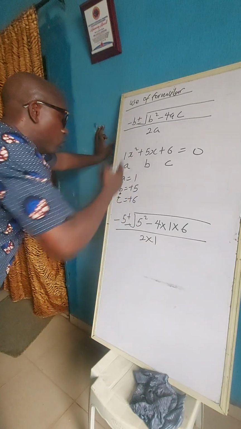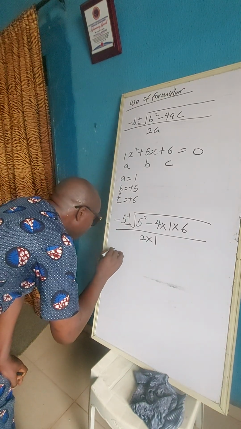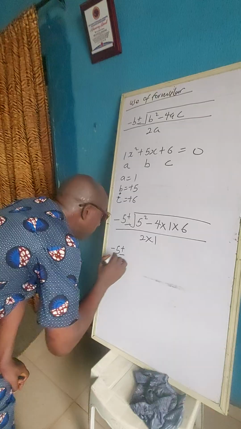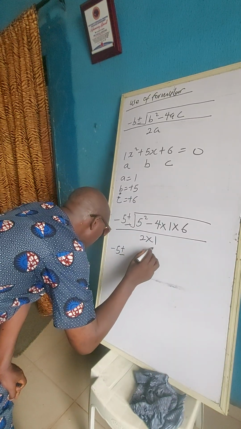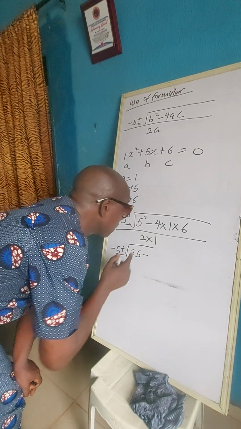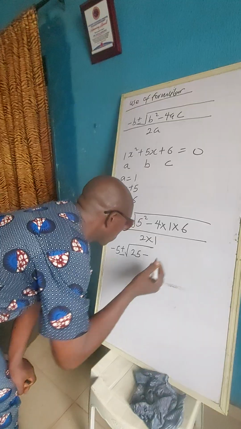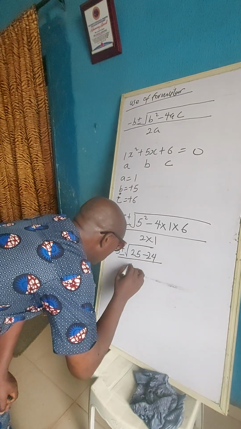Your a is 1. So how will you do this? Minus 5 plus or minus square root of 5 squared, which is 25, minus 4 times 1 times 6, which is 24, all over 2.